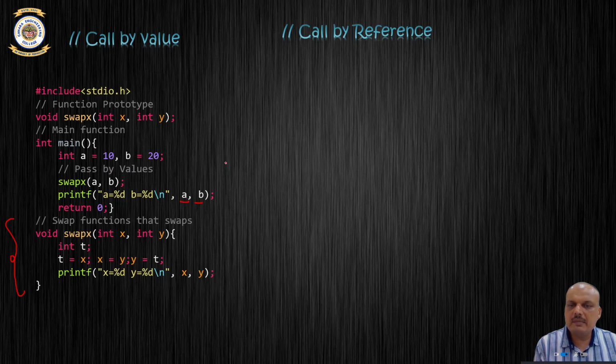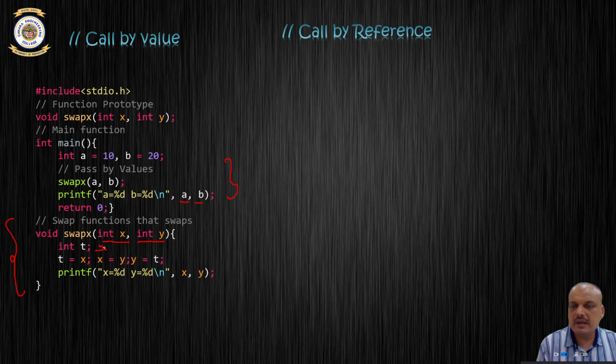These are the variables which exist in the main program. The value 10 comes and gets stored in x, and the value 20 comes and gets stored in y. So here I have two variables x and y which get the values 10 and 20.